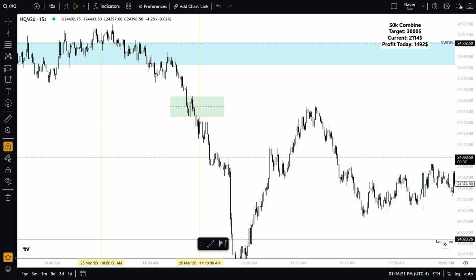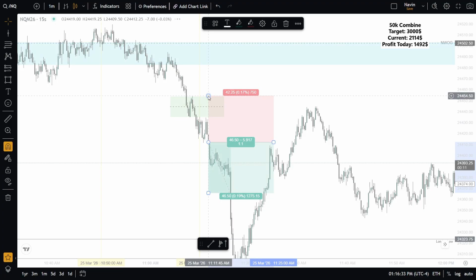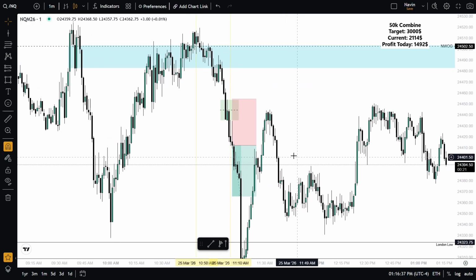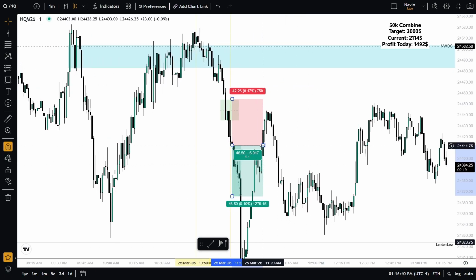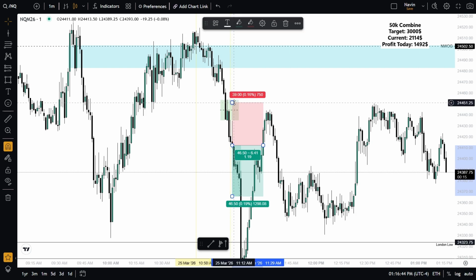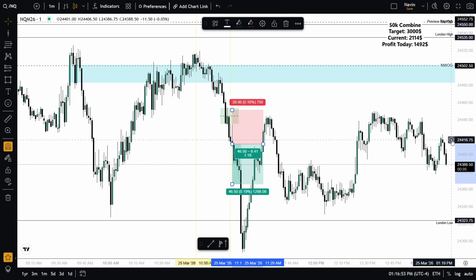My initial trade entry was like here, and then my stop, actually I entered the trade in 15 seconds, but my stop will be placed with caution to the 1 minute chart. Basically I would enter the trade in 15 seconds, but my stop will be placed against the 1 minute chart. That's what I'm trying to say.